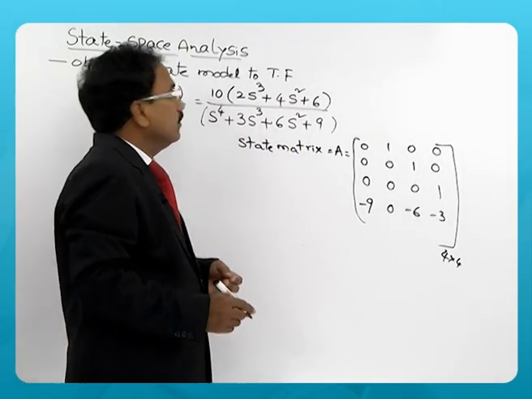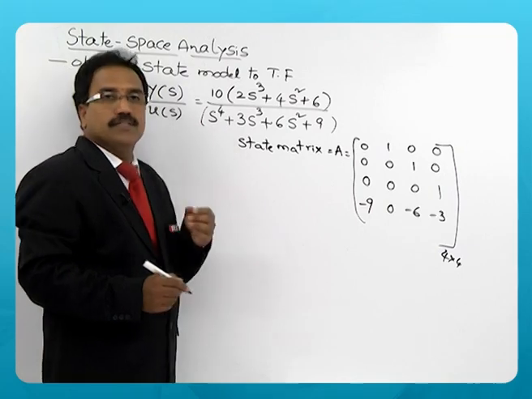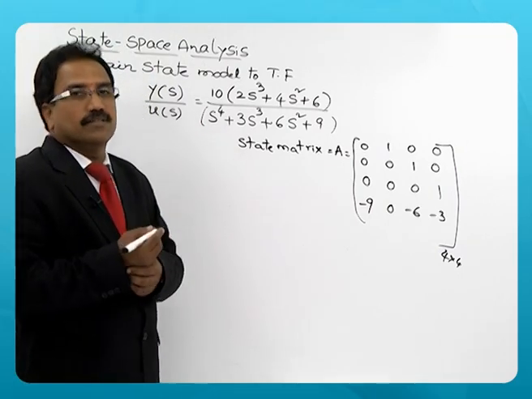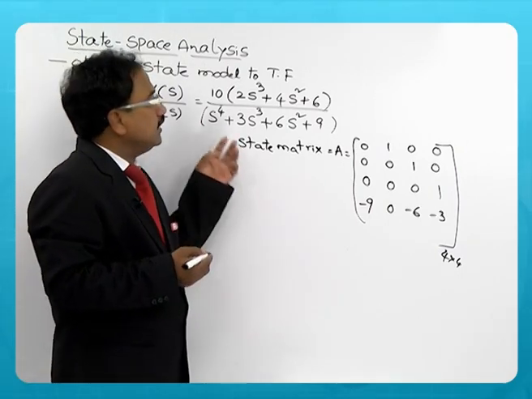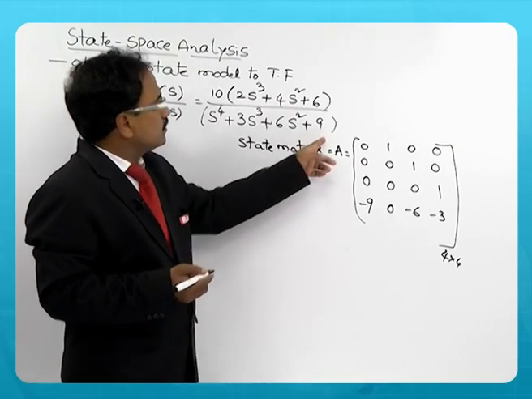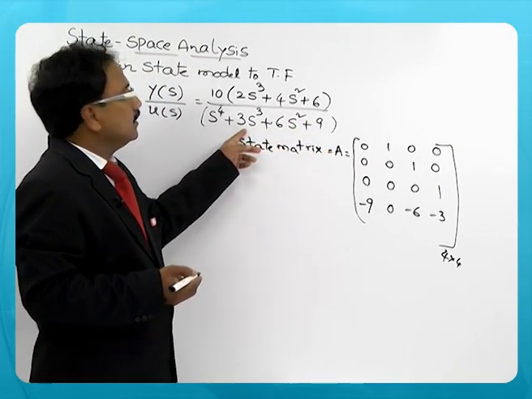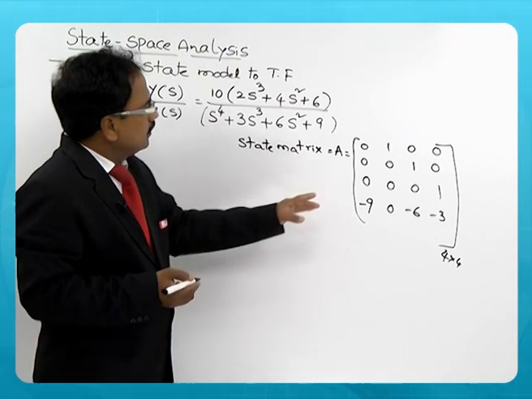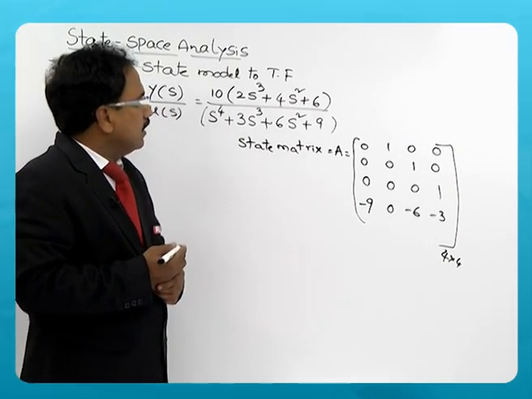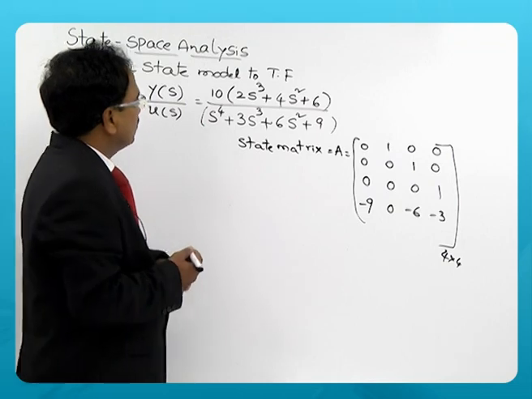So the last row is from the denominator with opposite sign. The coefficients must be written starting from the constant and all other terms. So that is the way you should fill the last row of the state matrix.